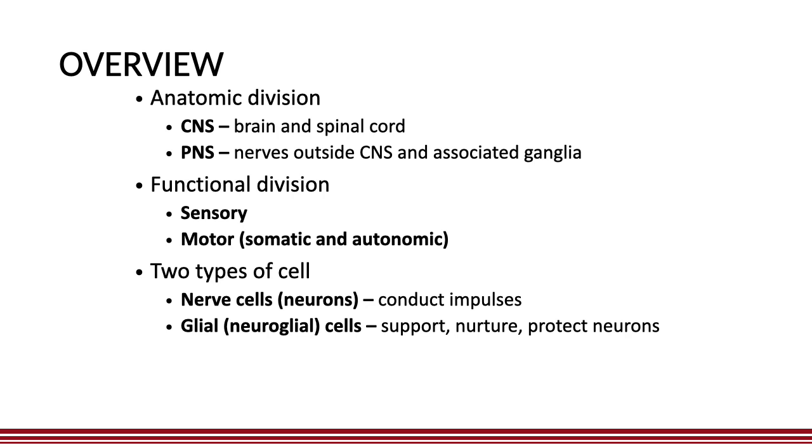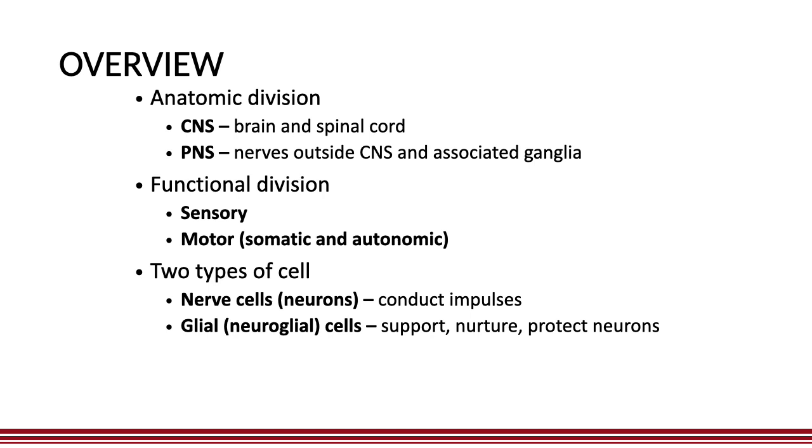It can be further subdivided into two main divisions, the somatic nervous system and the autonomic nervous system. The somatic nervous system consists of nerves that control voluntary movements and transmit sensory information from the brain to the CNS. The autonomic nervous system, on the other hand, regulates involuntary activities.